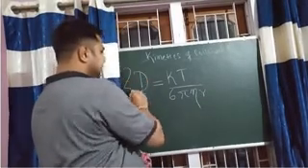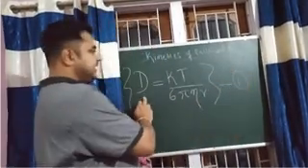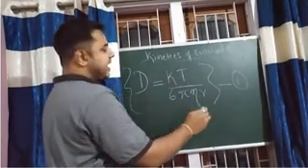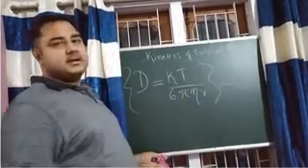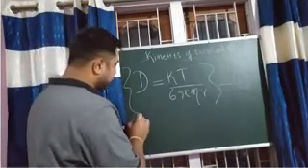So this is the first equation. Just remember equation number 1: D is equal to kT divided by 6 pi eta r. From here, r is the radius of the colloidal particle. Now this equation can be modified again.